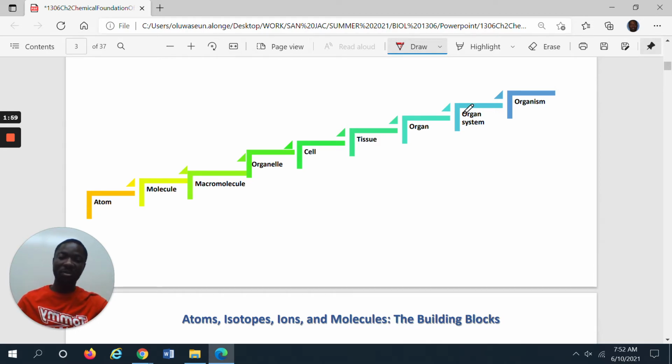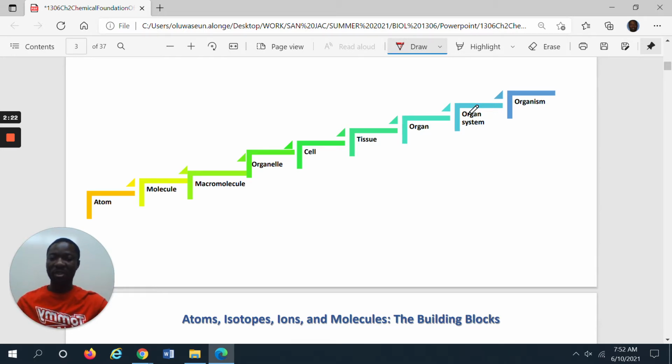And I told you the difference between organ and organ system: organ is your heart, organ system is cardiovascular system. Organs are a subset of organ system. So your heart is an organ, a part of the cardiovascular system.